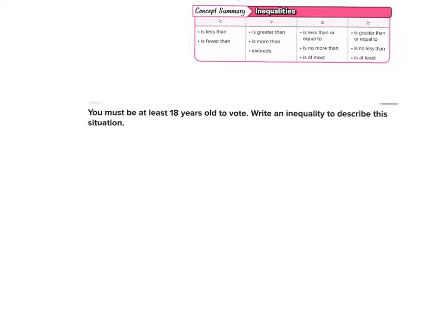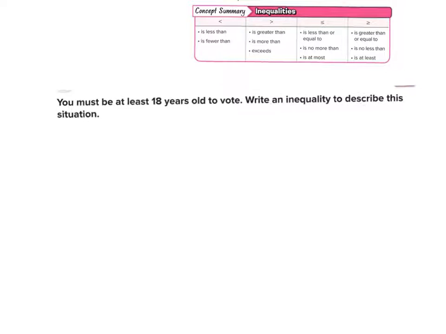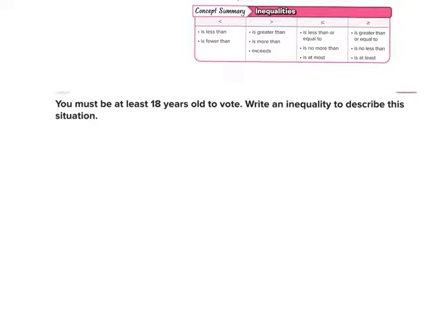One more idea with voting. It says you must be at least 18 years old to vote. Write an inequality to describe the situation. So again, our key word is at least. You can be 18 years old, 19 years old, 20, and so on. But you have to be at least equal to 18 years of age or more than that to vote.